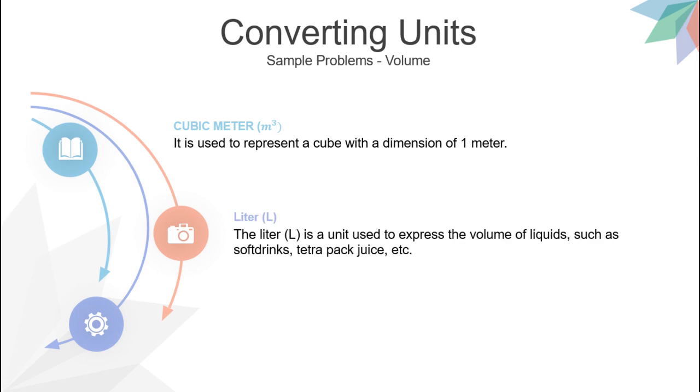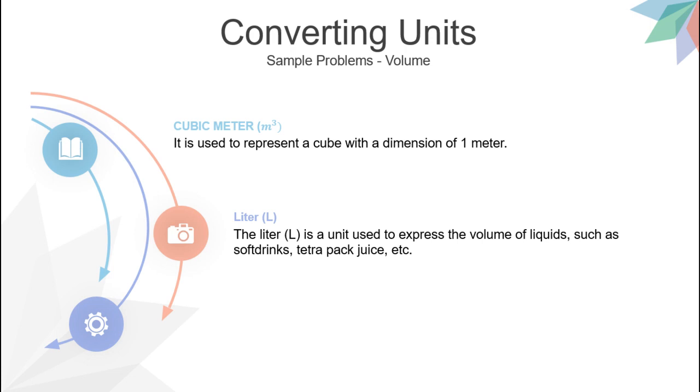Okay, next. Liter. The liter is a unit used to express the volume of liquid such as soft drinks, Tetra Pak juice, and other liquid products contained in a container.